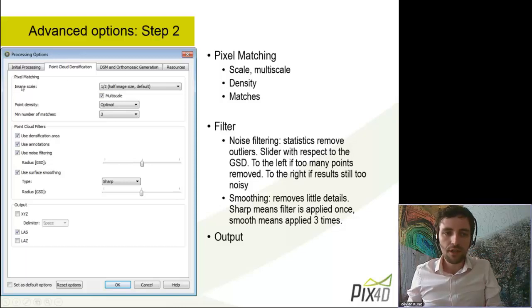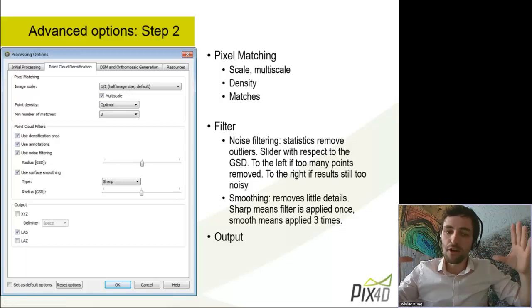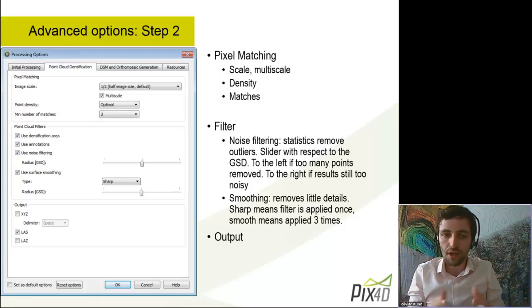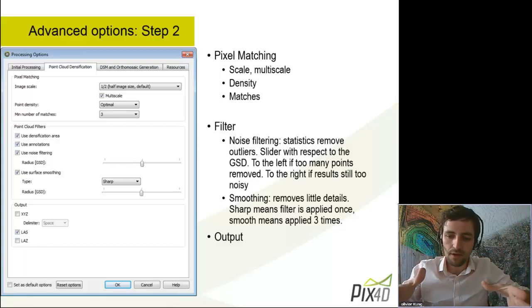In the pixel matching, you have the first one, which is the image scale. The algorithm for doing the pixel matching is working based on a certain size of image.